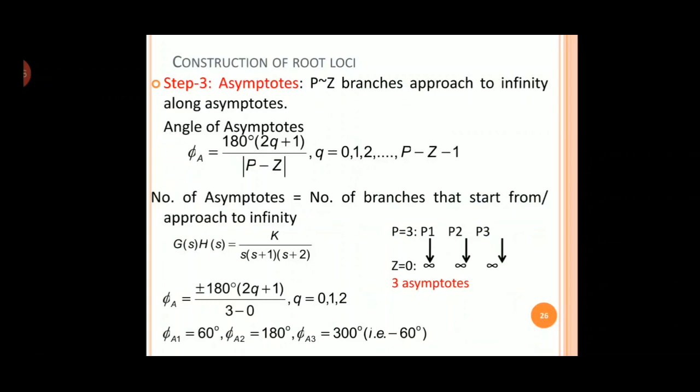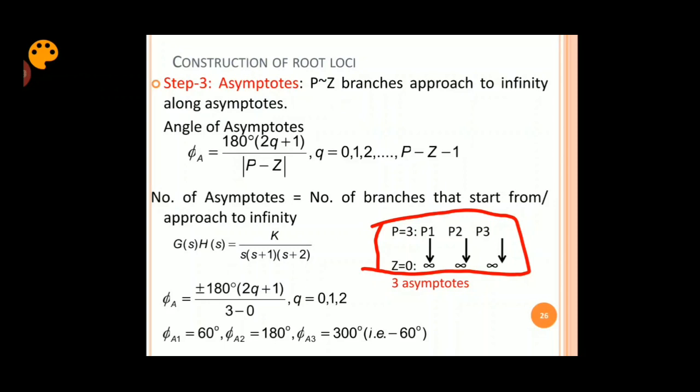The next step is about asymptotes. What are asymptotes? Asymptotes are the angle or the direction at which the branches are going to infinity. We have seen that there are 3 poles and no zeros, therefore there are 3 branches going to infinity. When they are approaching infinity, the direction in which they approach is given by asymptotes.